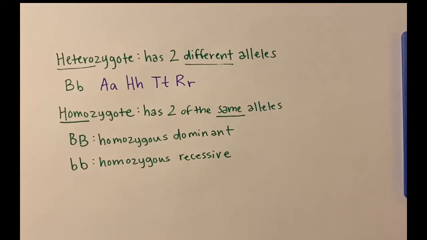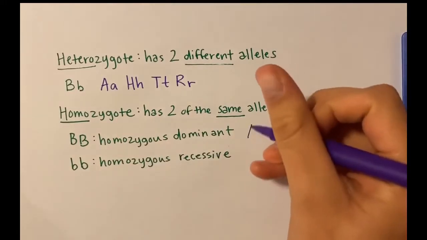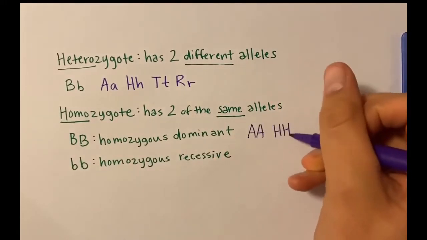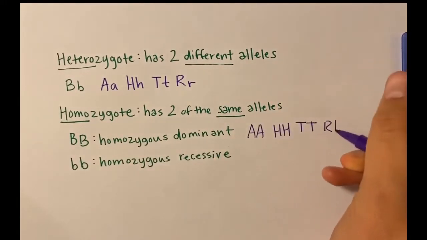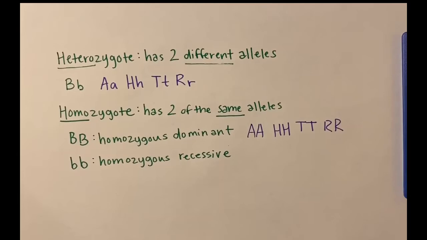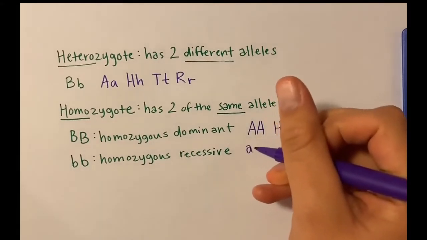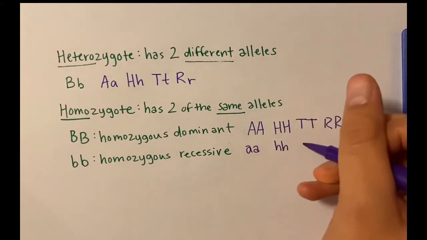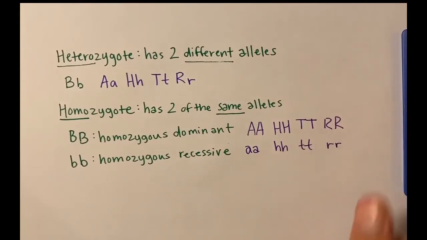So recognize that the genotypes big A, big A, big H, big H, big T, big T, big R, big R, and so on are examples of homozygous dominant genotypes. And recognize that the genotypes little a, little a, little h, little h, little t, little t, little r, little r, and so on are examples of homozygous recessive genotypes.